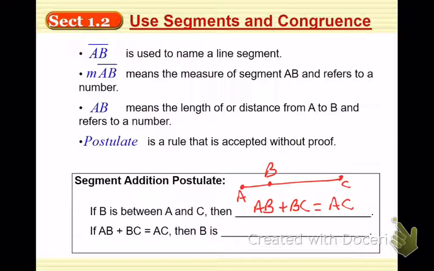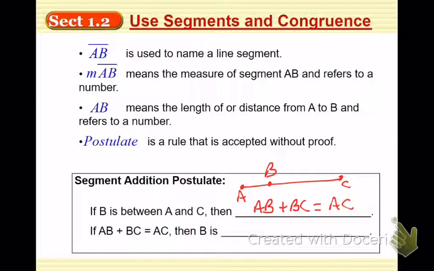Okay? That makes sense. I think that makes sense. Since AB and BC are on the same line and they share an endpoint, you should be able to add them together and get the bigger segment they create, AC.